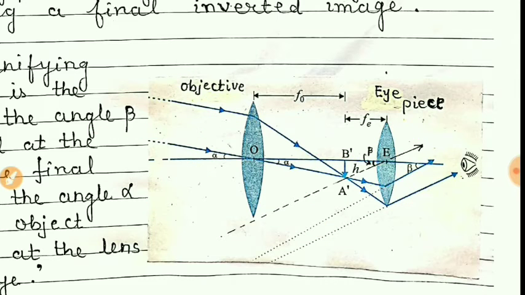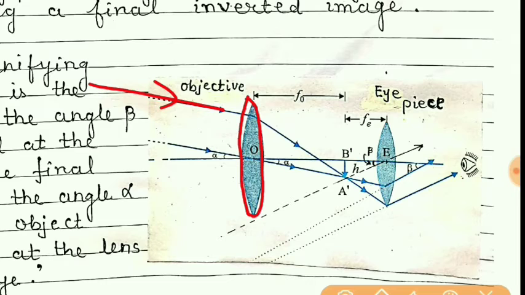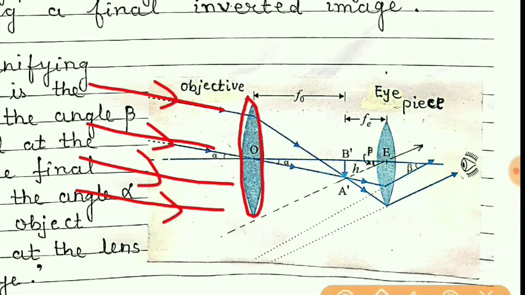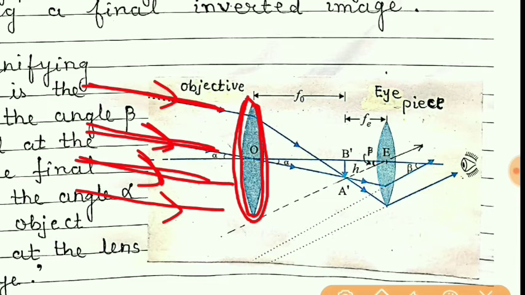Now students, the aperture of this lens is kept large. It is because more rays can be gathered if the area is large. If this lens has a large area, then it can gather more rays, and so the image will be more clear.